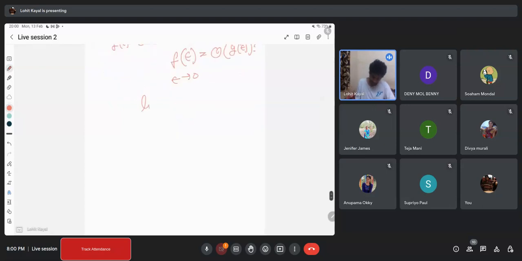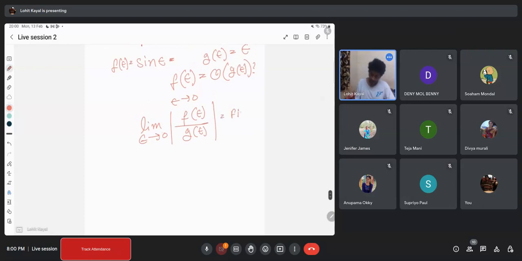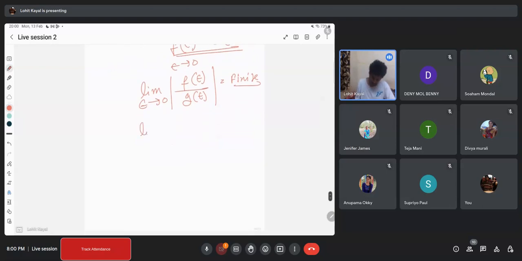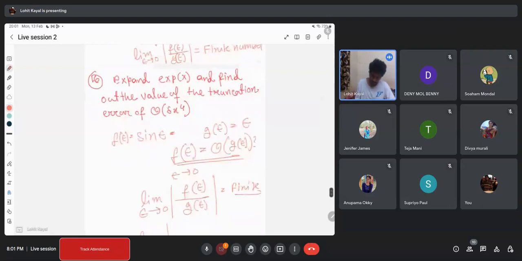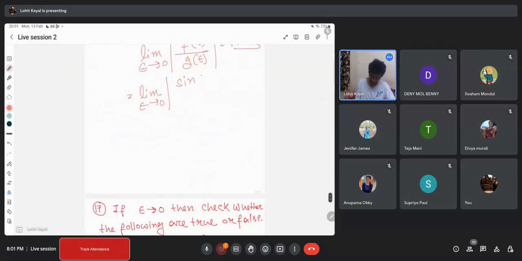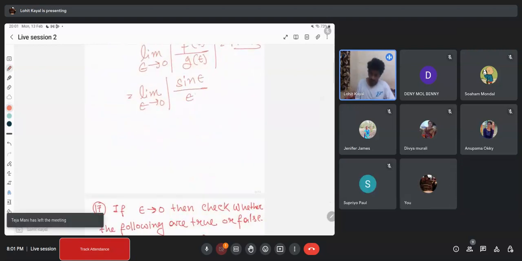In the limit epsilon tends to 0, modulus of f epsilon by g epsilon is the formula. If this is a finite number, then this is true. Otherwise, it is not. Here f epsilon is sine of epsilon, and g epsilon is epsilon.